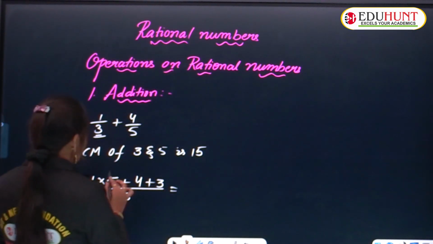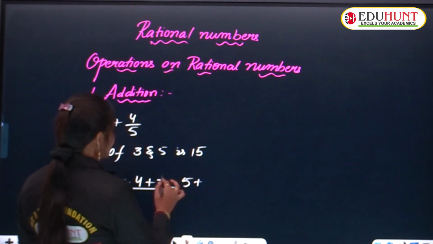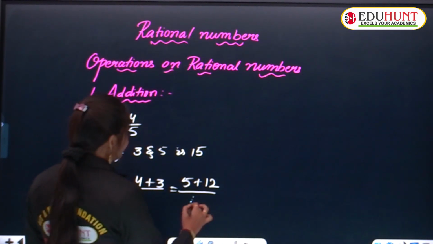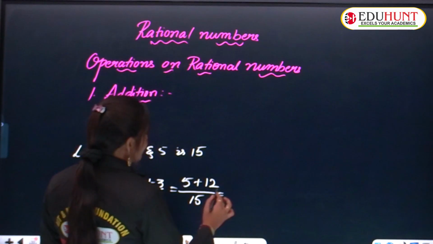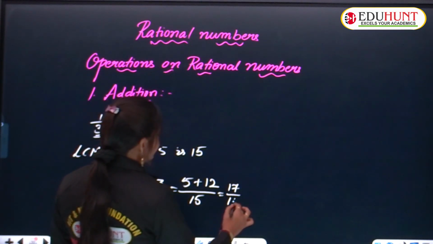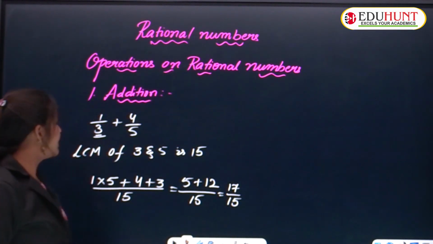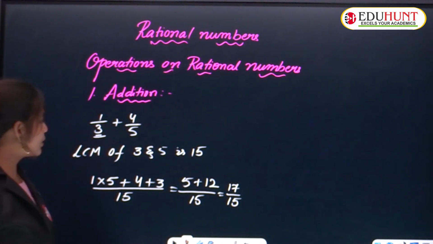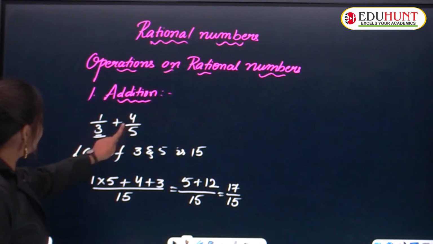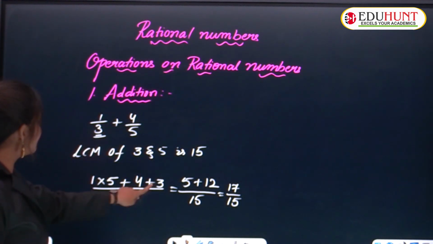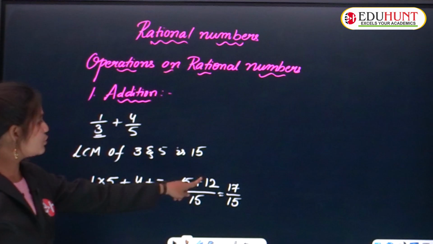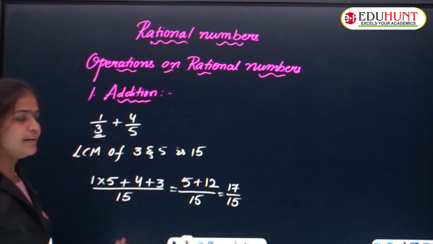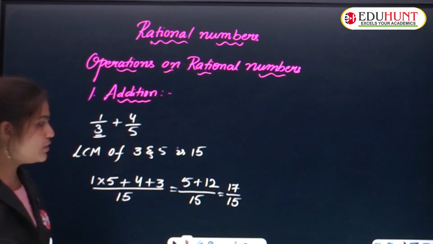After that, 1 five is 5 plus 4 threes is 12 by 15. 12 plus 5 is equal to 17 by 15. What is the answer here? The answer is 17 by 15. Once again check that. 1 into 5 is 5, 3 fours are 12, 12 plus 5 is equal to 17. 17 by 15. Understood? Yes.